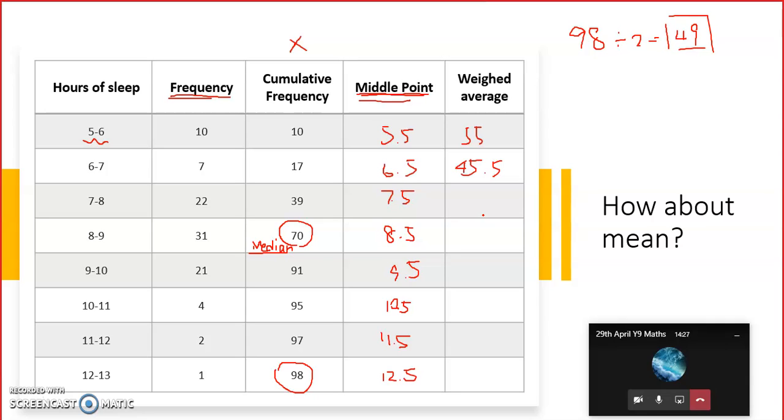We need to use two numbers and multiply them together. Which two numbers should I use? Good, very good. So we need to multiply 7.5 to 22.